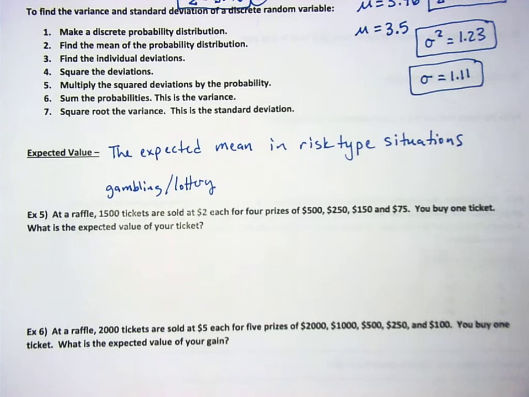You basically have to consider what the probability is of success at varying degrees. If you are a casino, you want to have an expected value of negative.